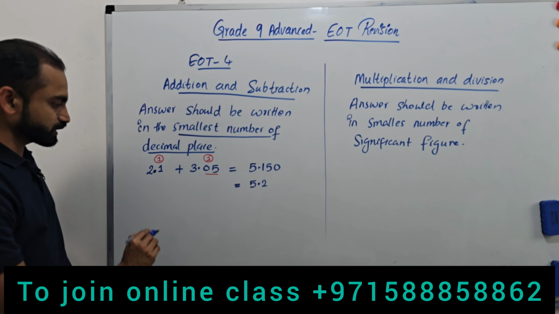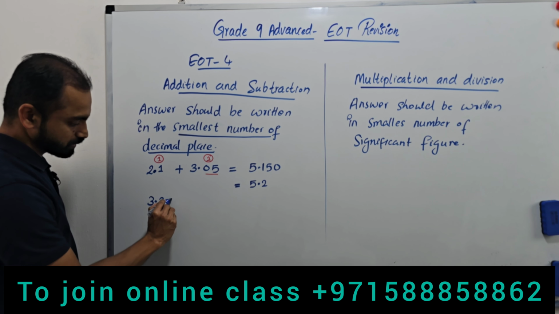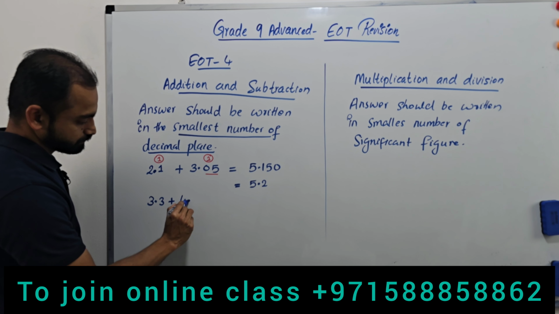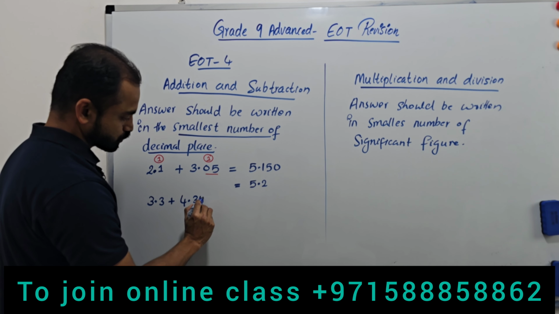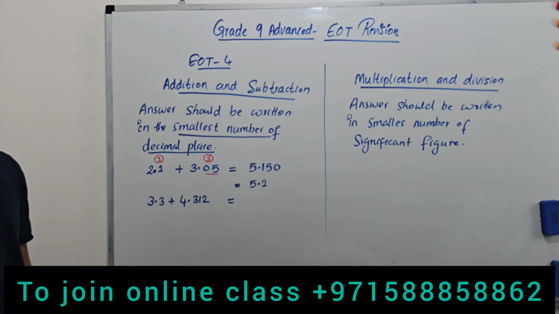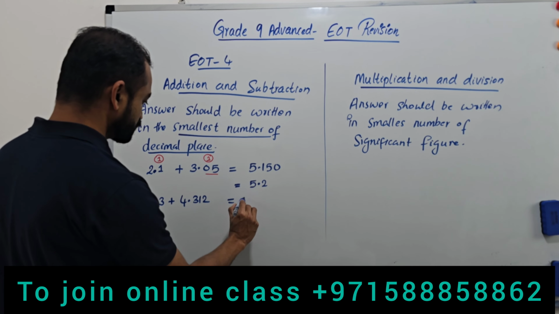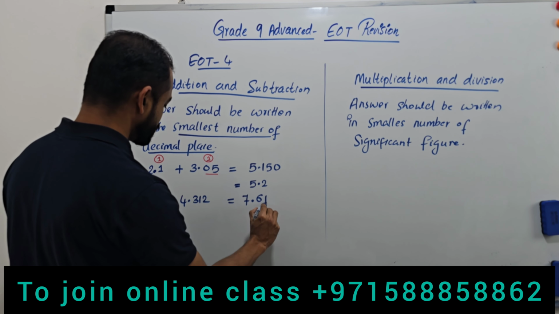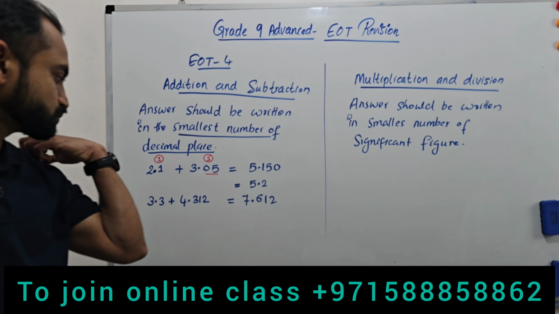So if I give you another addition, for example, 3.3 plus 4.312. When we add these two numbers and use the calculator, you will get 7.612.